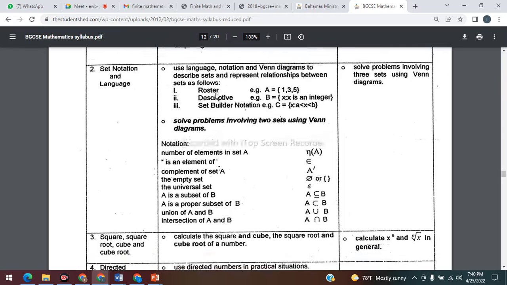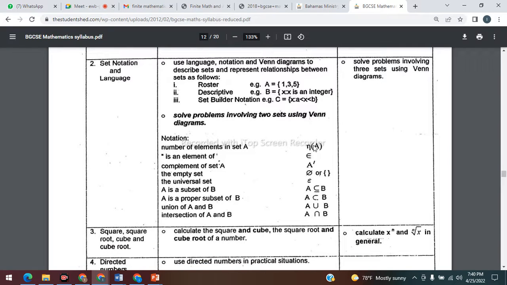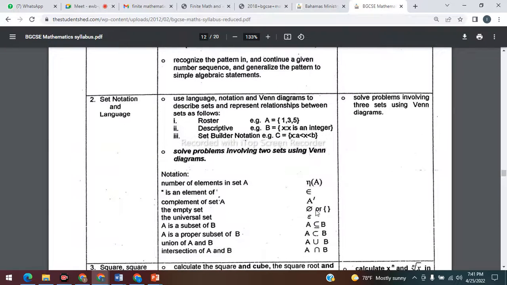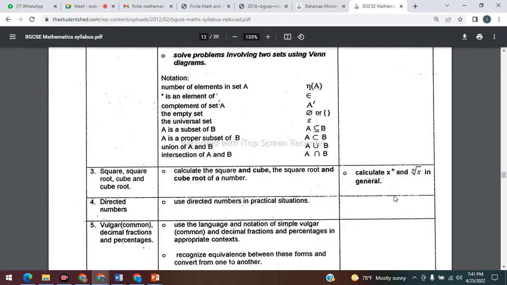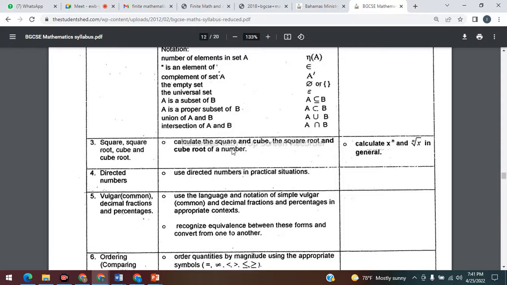So that's types of numbers, you need to know that. Then sets: we did all of the set notation, every last one of these. Then solving problems involving three sets with Venn diagrams, we did that. That's the extended one, so extended students need to know that. Then calculating cube root and square root, x to the power of something, and in general the nth root.